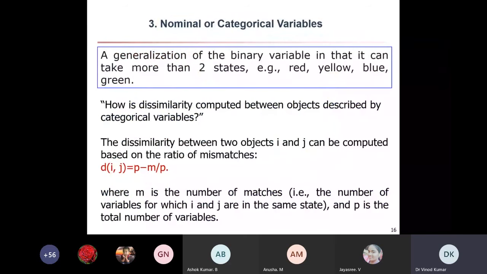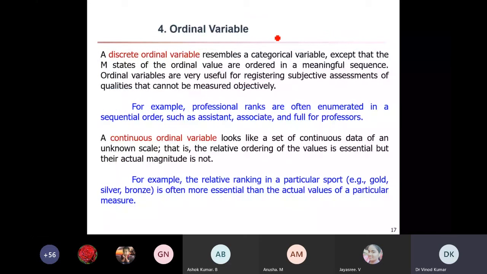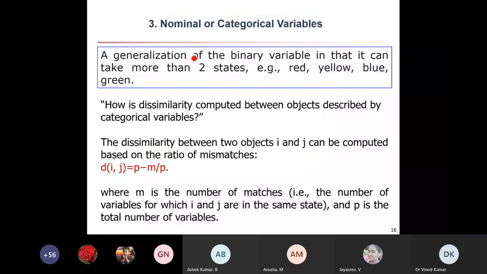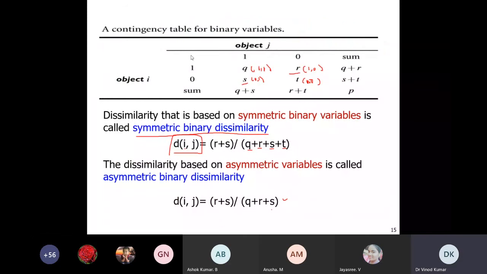Okay, so the next one is ordinal variables. Does anybody know what an ordinal variable is? Any person? Jasri? Any person, can you answer what is ordinal?